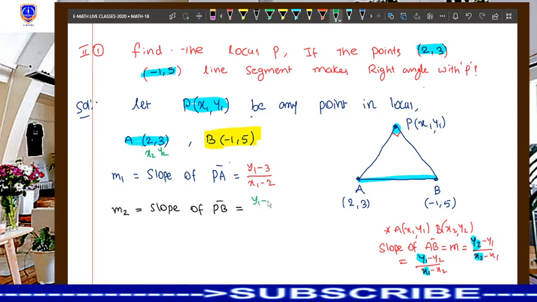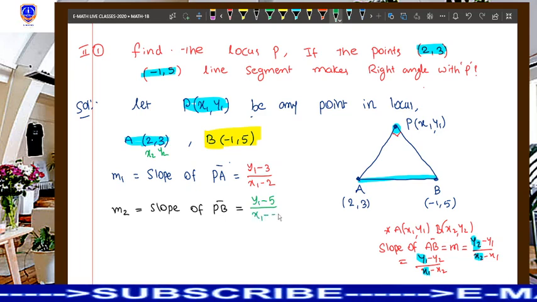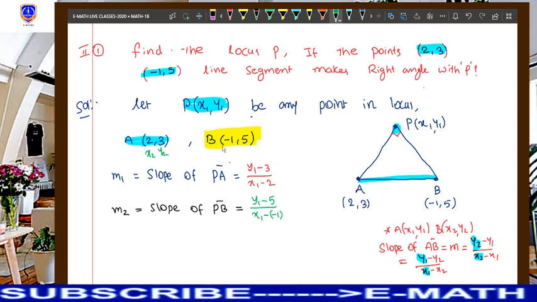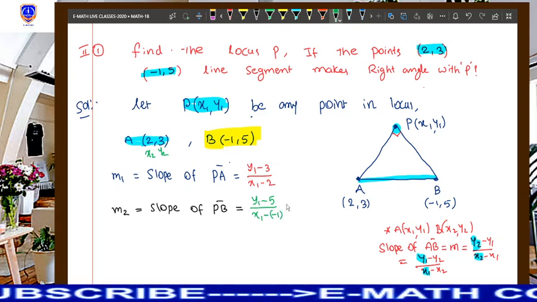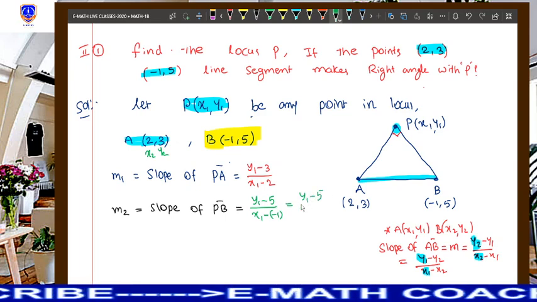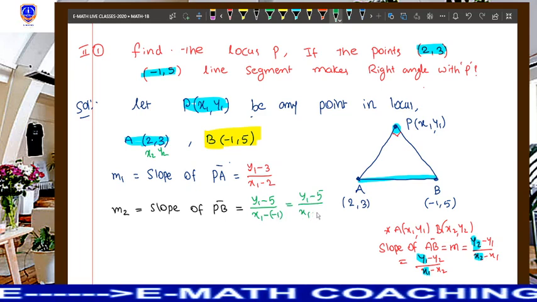Write y1 minus 5 divided by x1 minus of minus 1, because the x ordinate of B is negative 1. Then it is y1 minus 5 divided by x1 plus 1.